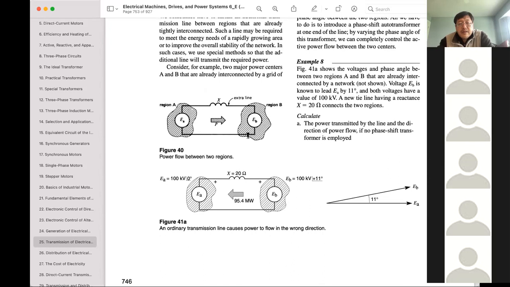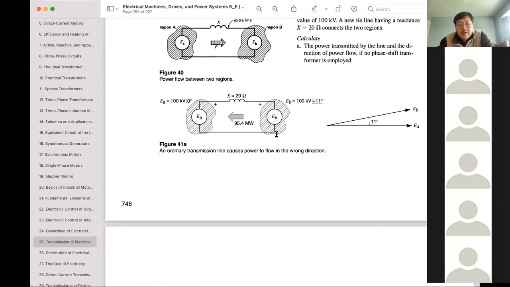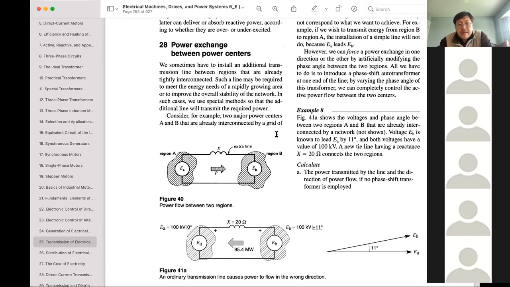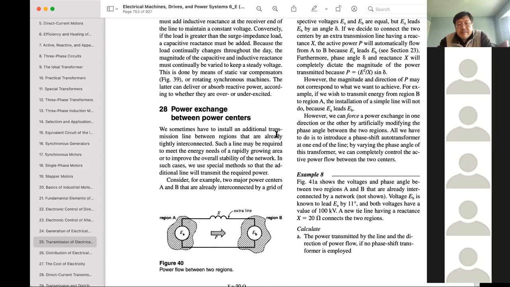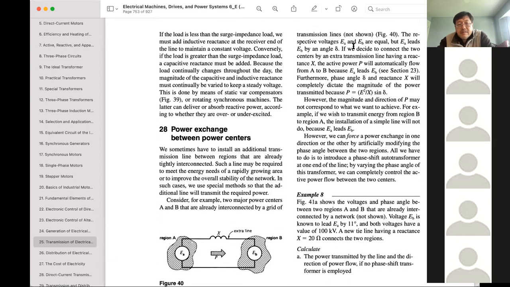Power potentially can be exchanged from A to B or from B to A, or nothing. So what determines the power exchange? It turned out one simple equation determines the power exchange.